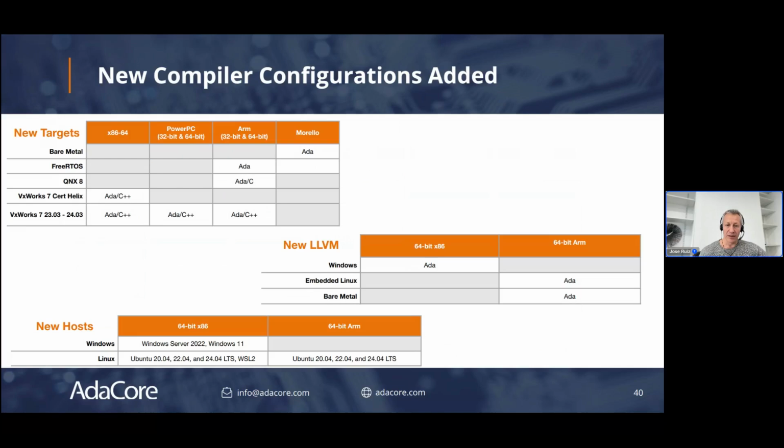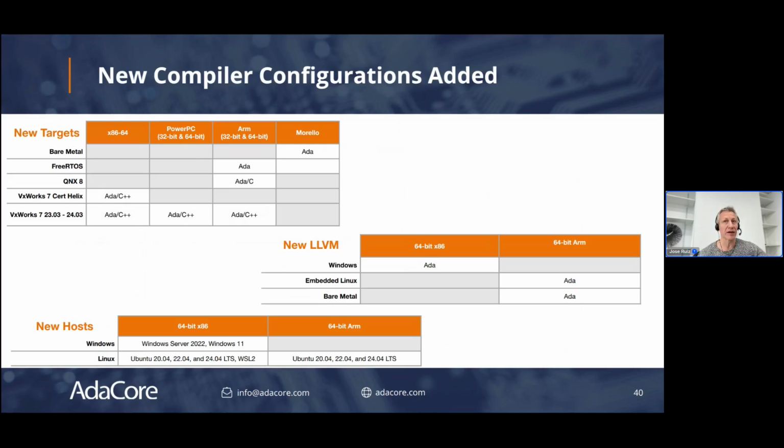Now, I will give you some ideas about what is new, what has been added during this 2025 release. In terms of targets, we have new targets on several of these axes. On the bare metal side, we've added support for Morello.